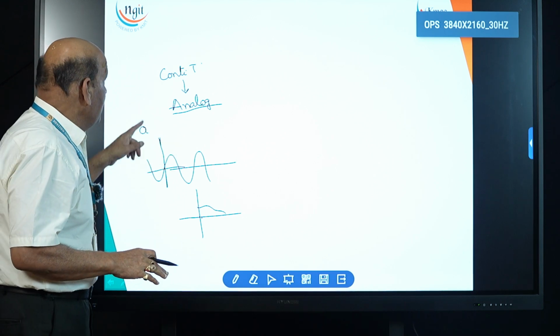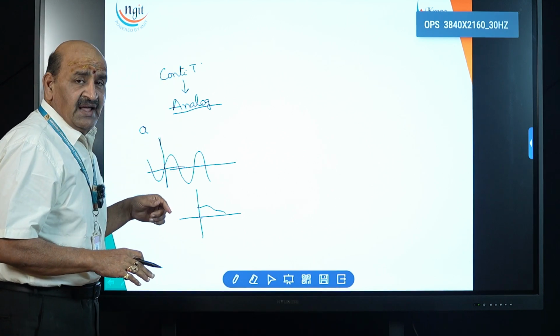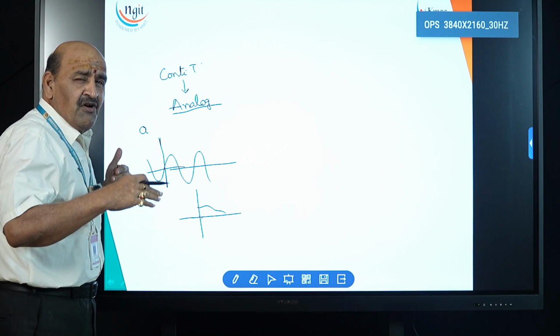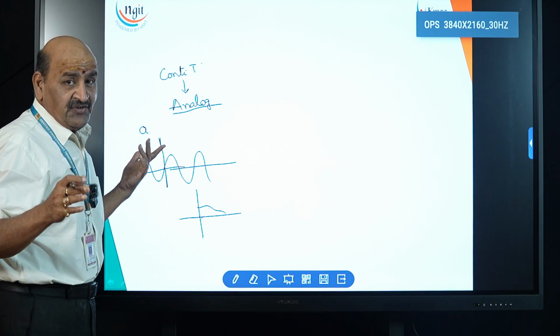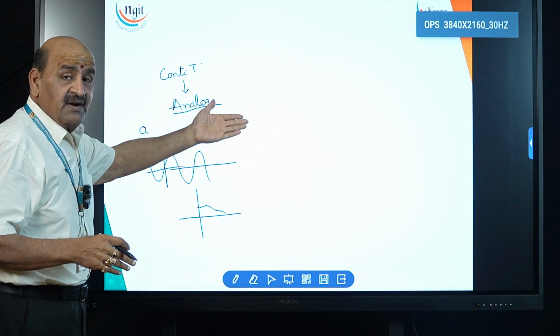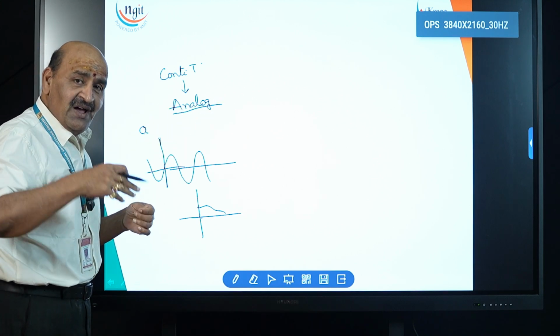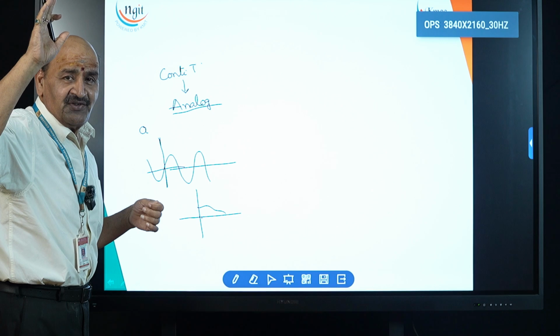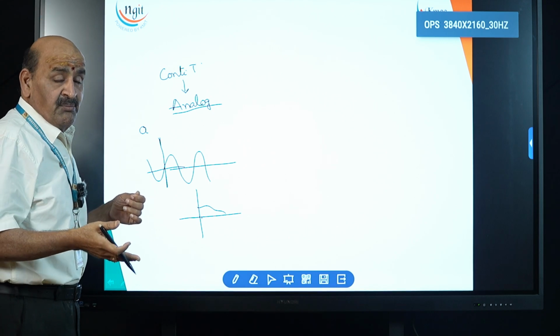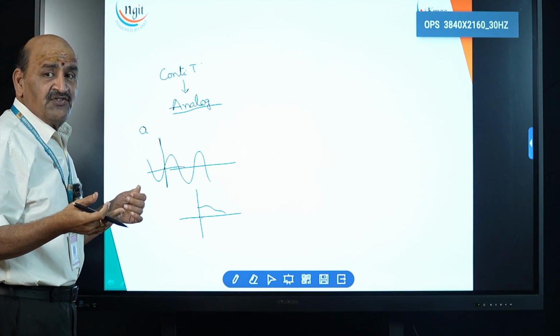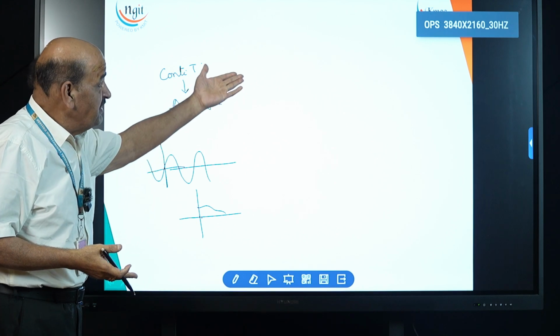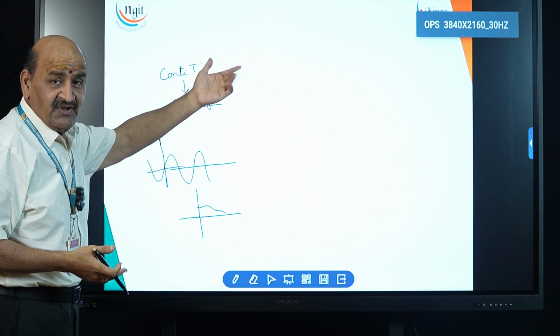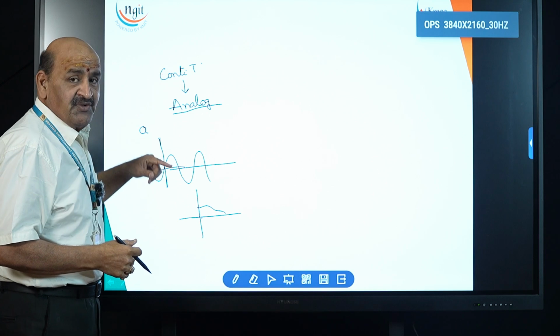One more point. Continuous time signals cannot travel long distances unless through cables. But digital signals can travel to any longer places. That is one of the reasons we give the efficiency factor to digital signals. So this is for continuous time signals.